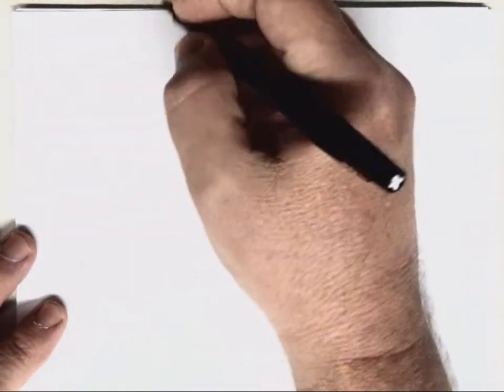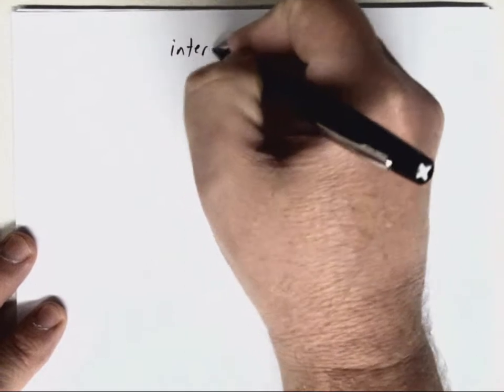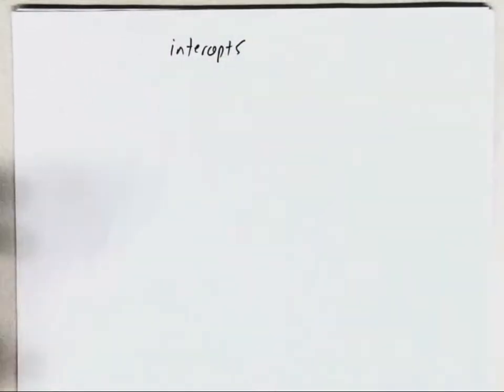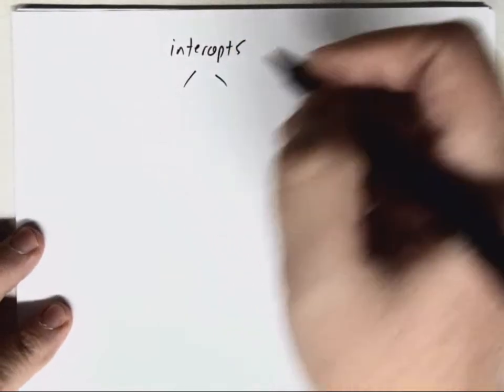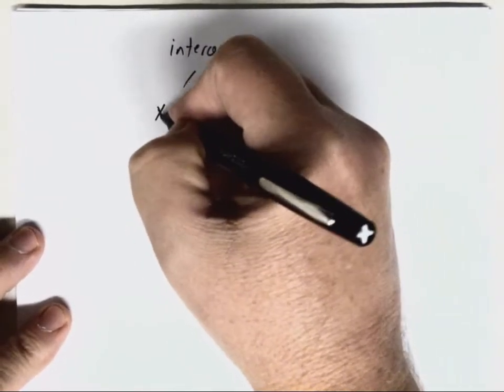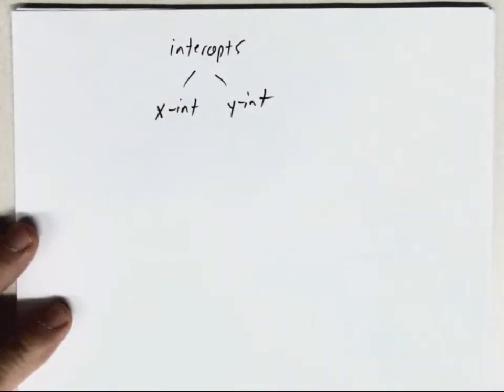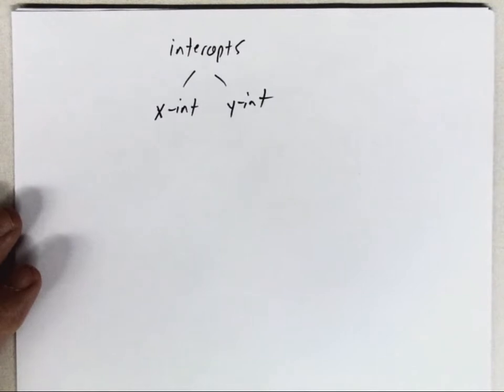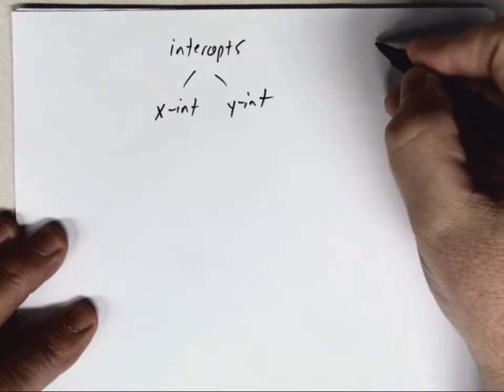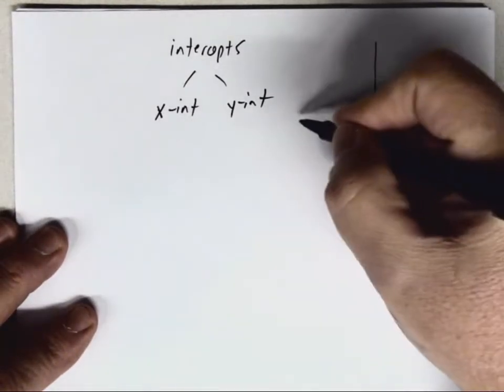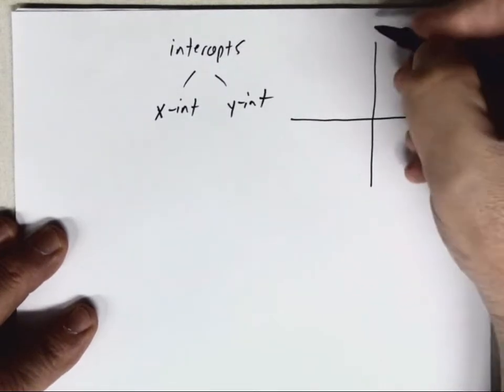So here's one of the first topics that you're going to have some homework problems on, and we're going to use it a lot. That's called intercepts. Let's talk about the concept of intercepts. And normally we say there are 2 kinds of intercepts. We have x-intercepts and y-intercepts. Let me show you visually what an intercept is so you can picture it, which hopefully will help your understanding.